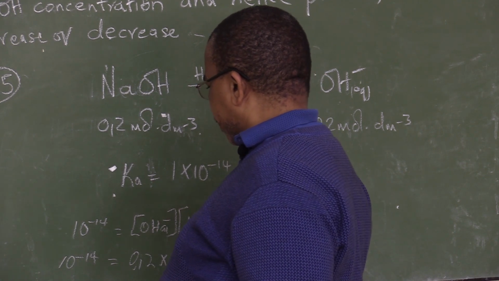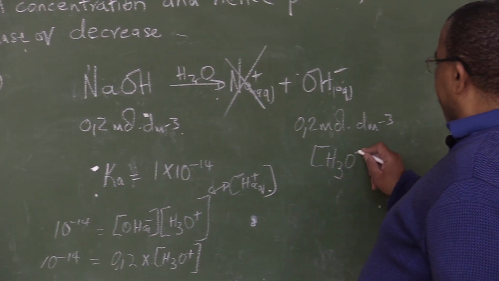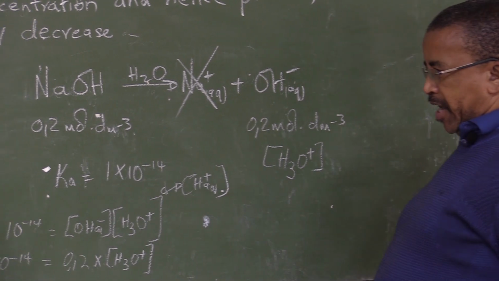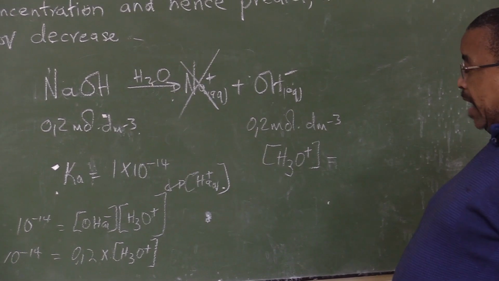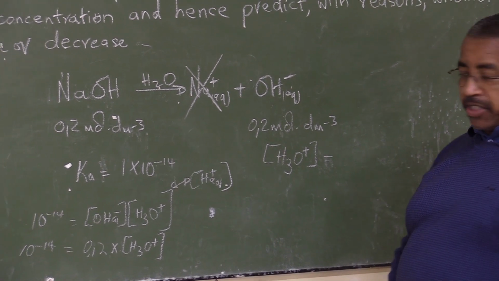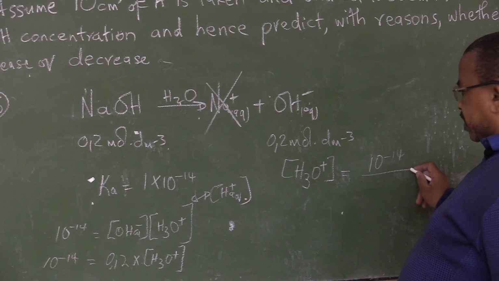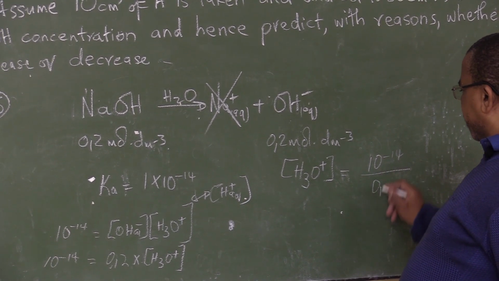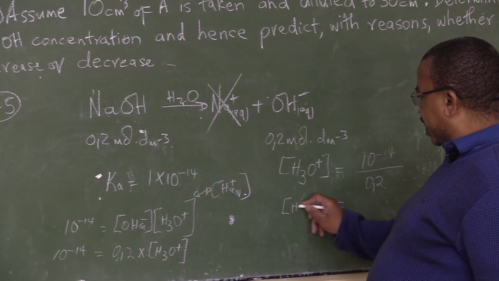So we have the concentration of H3O plus, the hydronium ion. Some call it the oxonium ion, some call it hydrated hydrogen. Then we have 10 to the power minus 14 divided by 0.2. What is the concentration of hydronium ion?